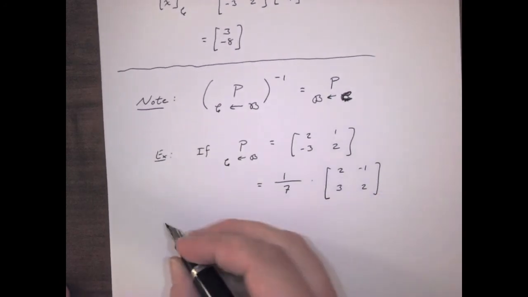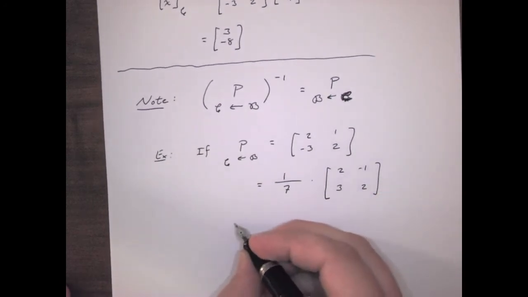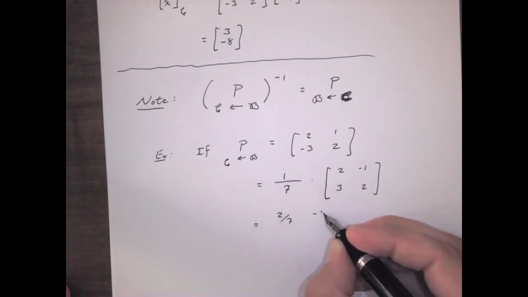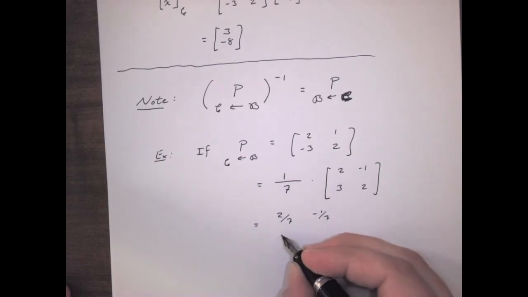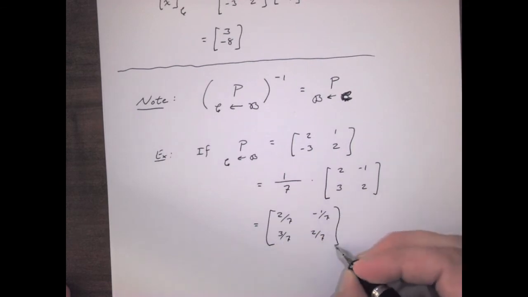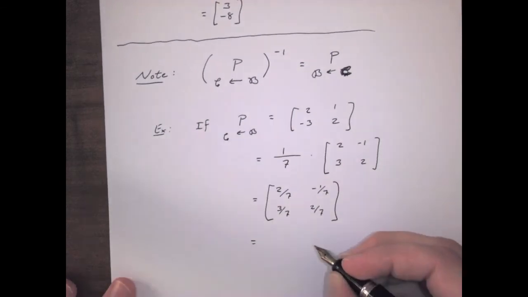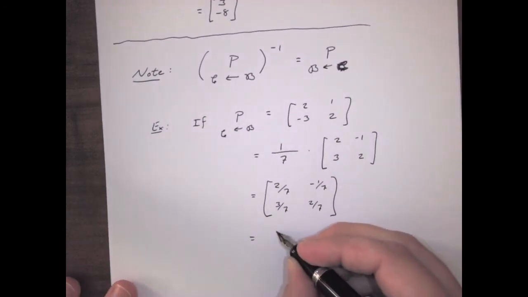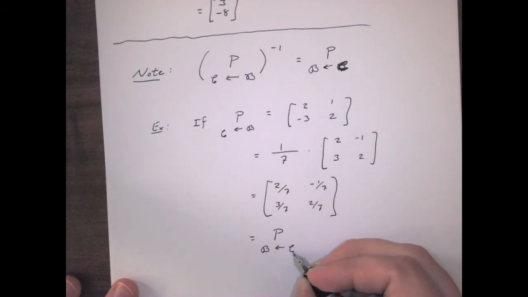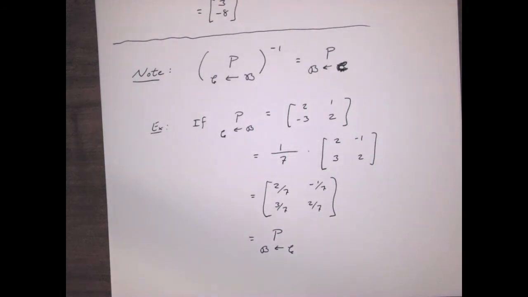Okay, so if I write it as 2/7, -1/7, 3/7, and 2/7, this will be the matrix that goes the other direction. So this is the reverse.